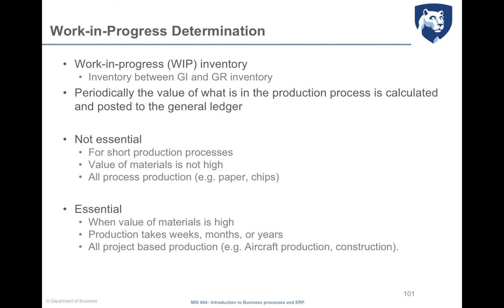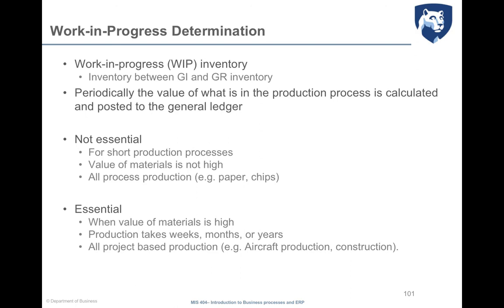Then we have the work in progress determination. Because when materials are issued to production, of course, a reduction in the inventory of these materials is recorded. However, the finished goods are not completed and placed in inventory until a later point in time, until they really are finished goods. During this interim period, we don't have component materials because they have been processed, but we also don't have finished goods already made.